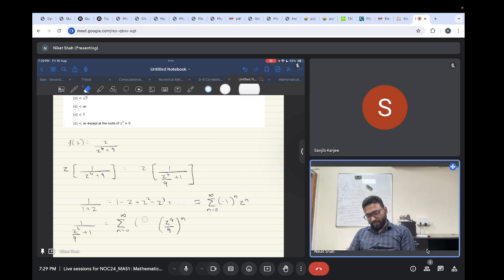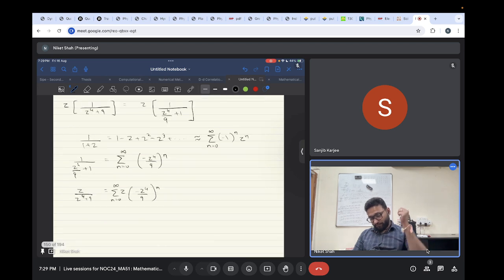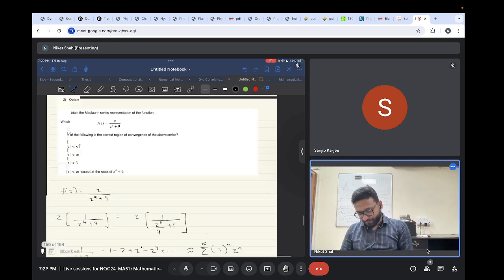So simply I can put minus 1 inside only. Therefore z divided by z power 4 plus 9 is equal to z into the sum of minus z power 4 by 9 to the n. Yep, this is it.